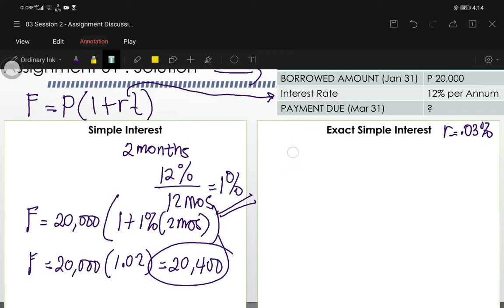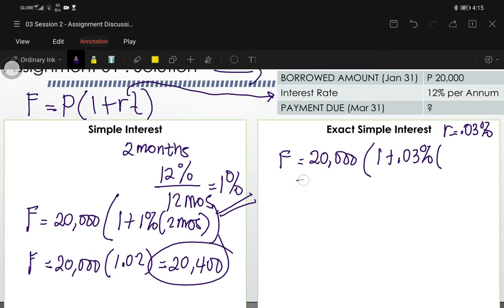Okay, so let's compute already for the future amount. The future amount is equivalent to 20,000 times 1 plus 0.03% multiplied by the number of days. So, let's first check how many days there are from January 31 to March 31. February is 29 and March is 31. That is equivalent to 60.